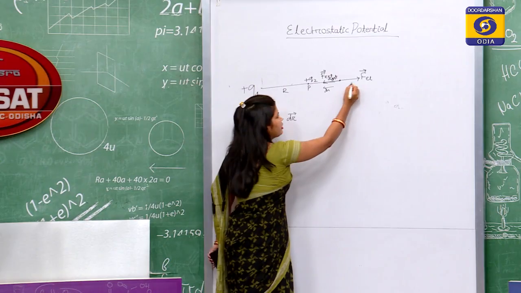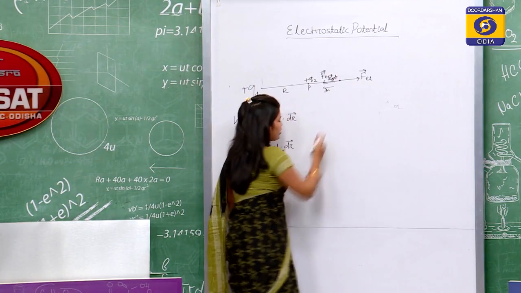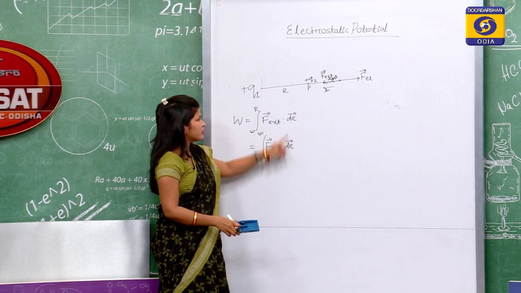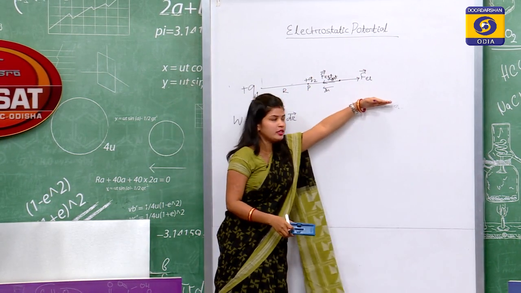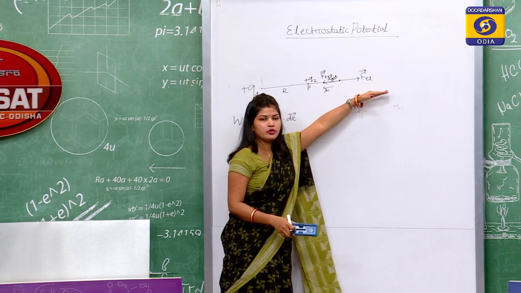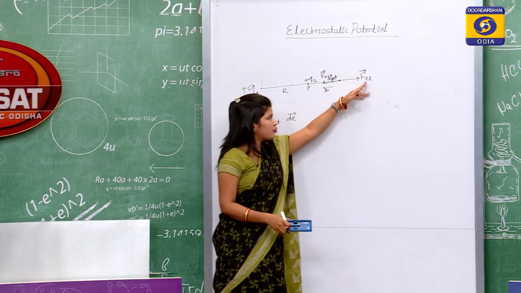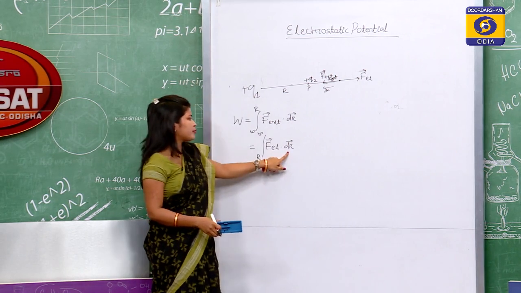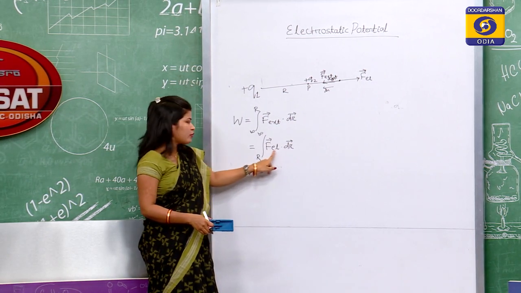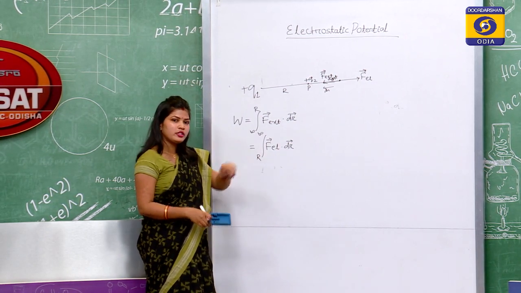See, electric force and also displacement are in the same direction, because q1 will be repelled and the force of repulsion is also in this direction. So, as electric force and displacement are in the same direction, the angle between them is 0. So, cos 0 is 1.